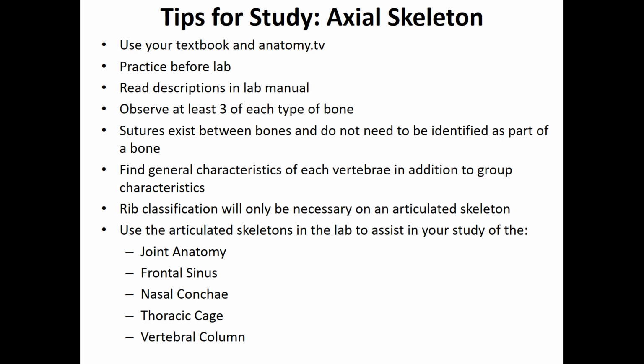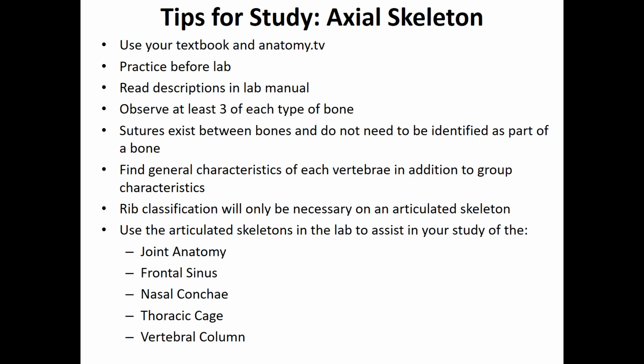The next, find general characteristics of each of the vertebrae that you're looking at, in addition to the group characteristics. You'll see a list of these general characteristics in the lab manual, and these are characteristics that pertain to cervical, thoracic, and lumbar vertebrae in general. So be sure to find all of those first. Then below that in the lab manual, you'll see all of the individual characteristics for each group that set them apart.